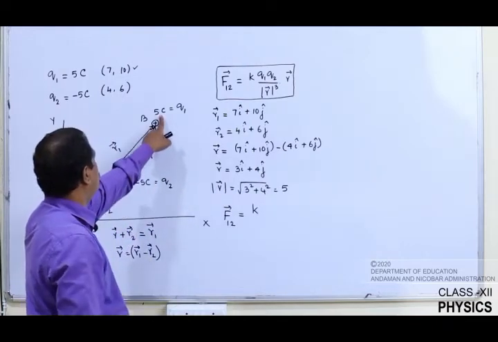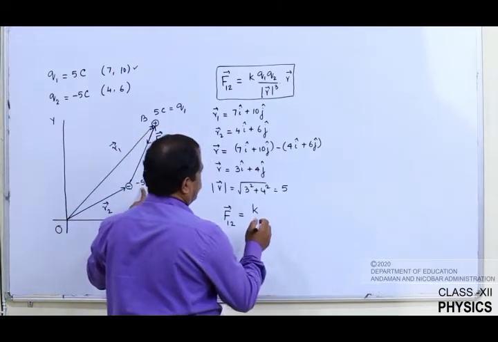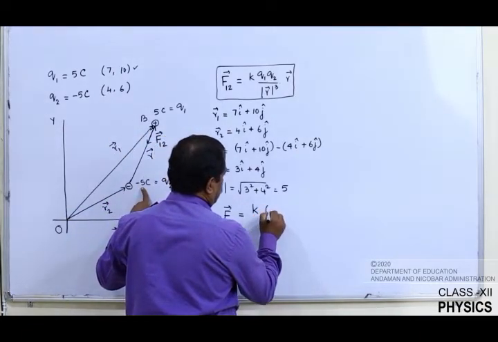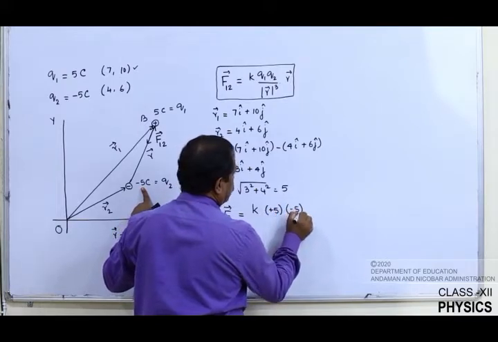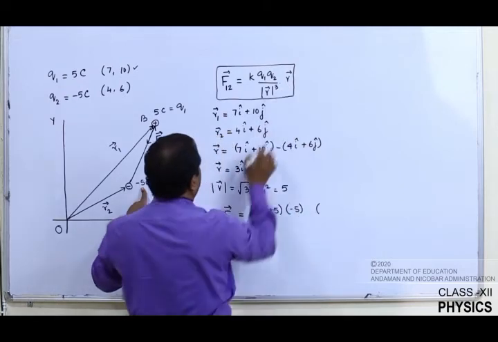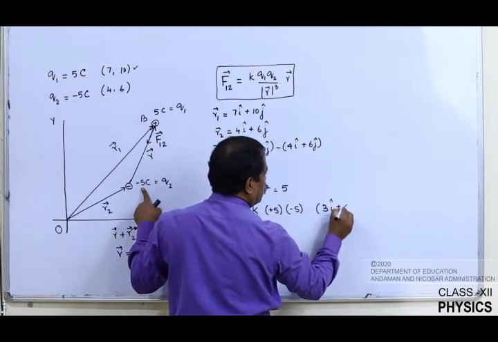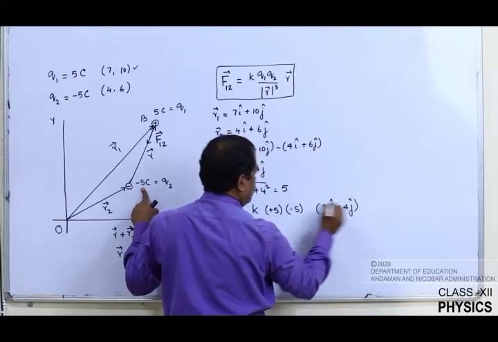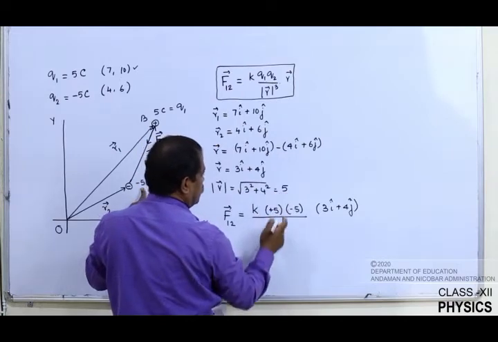So Q1 for me is plus 5 and Q2 is minus 5. So plus 5 into minus 5, Q1 into Q2, into the vector R I have already calculated, which is 3 i cap plus 4 j cap, divided by the cube of the magnitude of distance, which is 5 cubed.